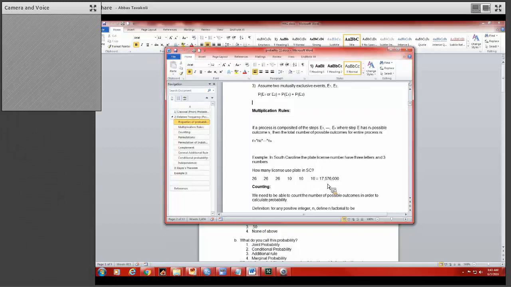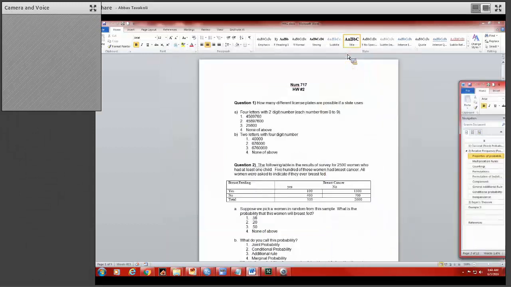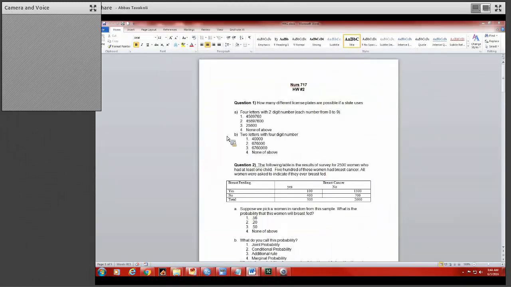So you get 17,576,000 ways. So you use the same sort of rule here. Now you have two-digit number and four letter. So that's the difference you can calculate. Now, question B basically is two letter and four digit. So again, it is multiplication rule you're going to use to calculate that.